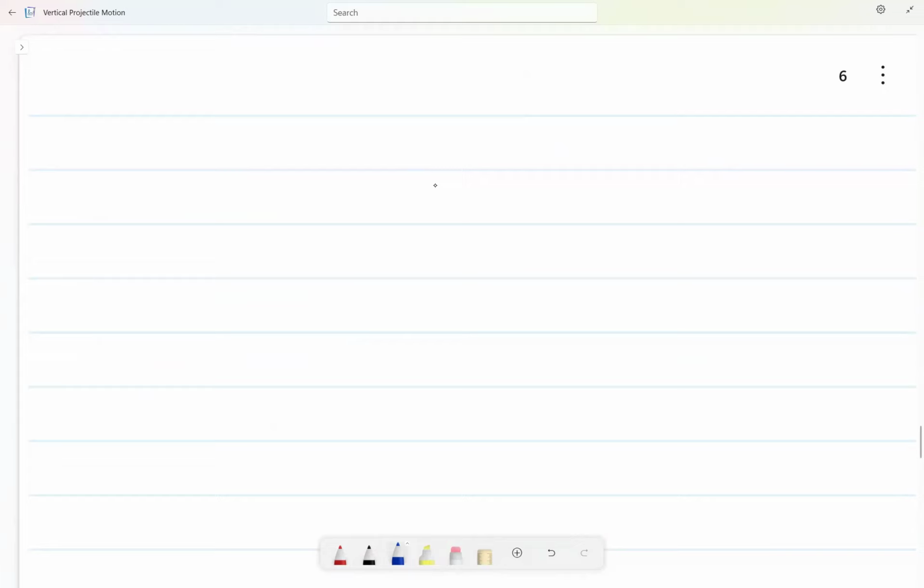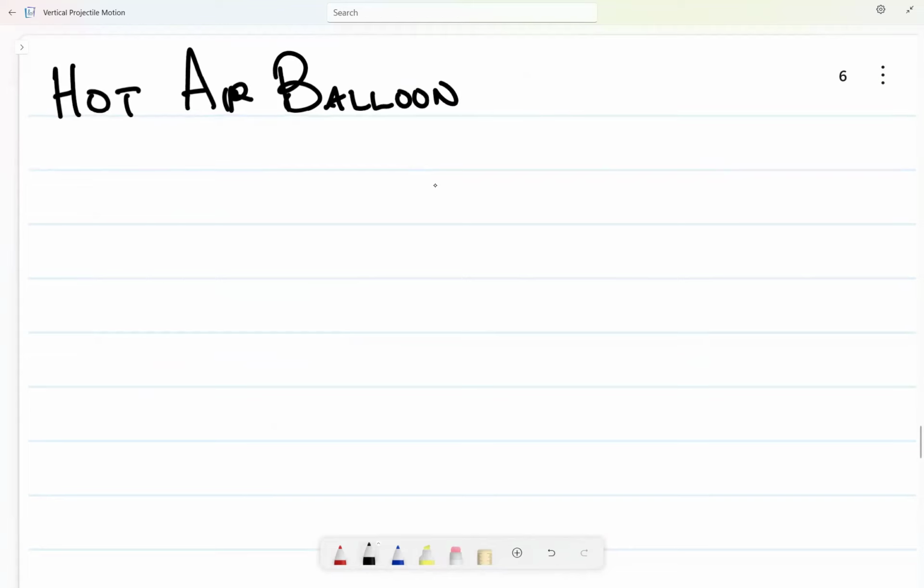The one that I like is now hot air balloon. Remember how does a hot air balloon?